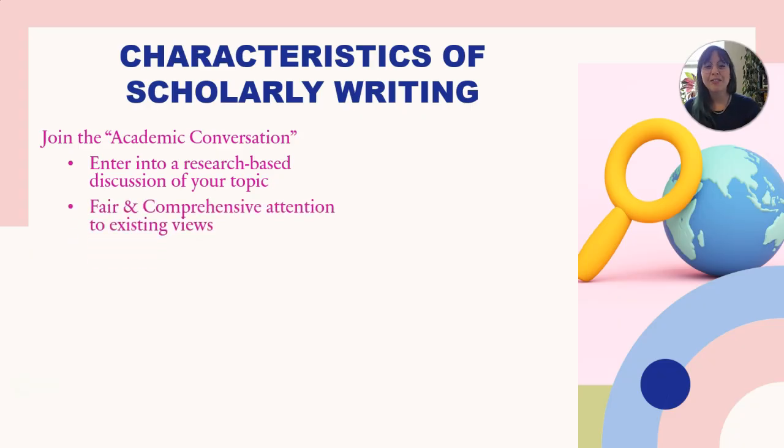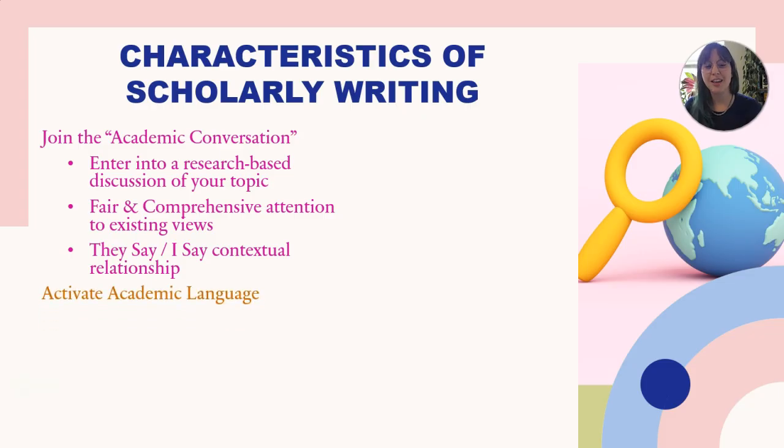We want to give fair and comprehensive attention to the existing views, whether they support our stance or challenge our stance. And we want to enter into a they say, I say contextual relationship. We'll look at this more on the next slide, but it's like saying, okay, I've heard what they're saying and this is how I enter. So it's this relationship of context.